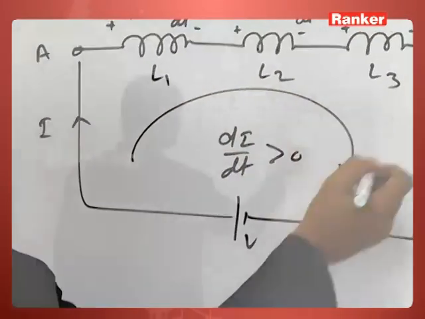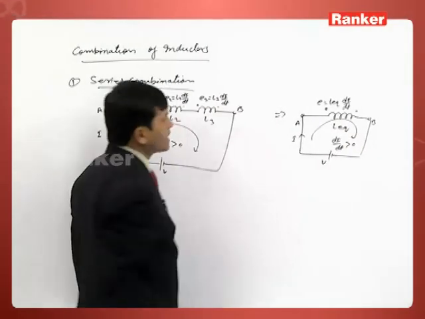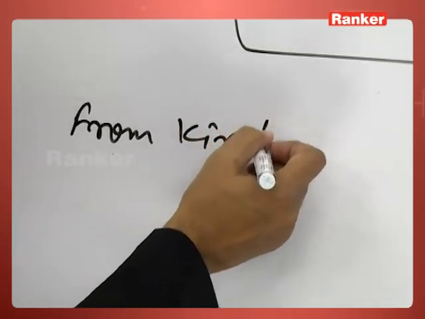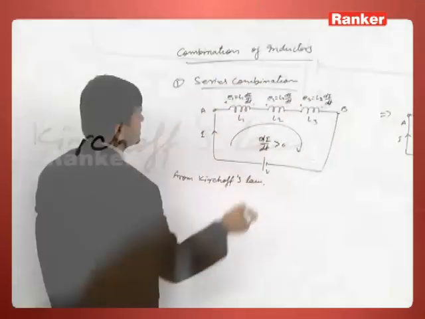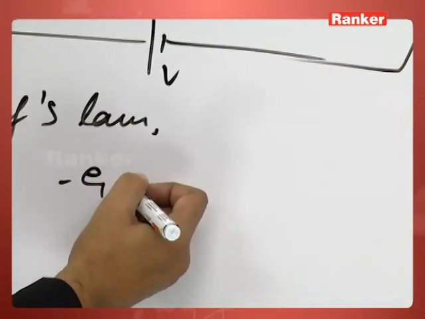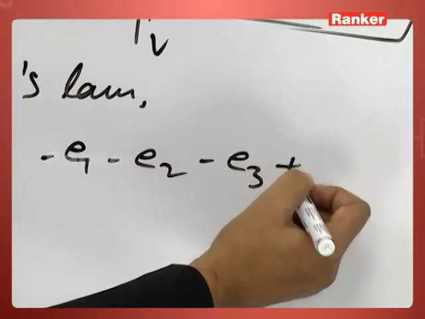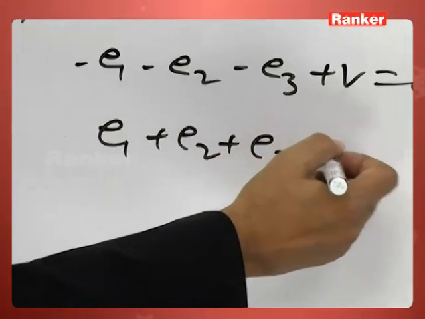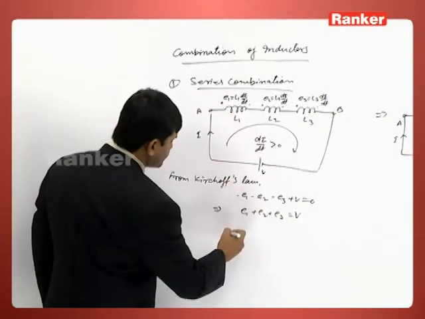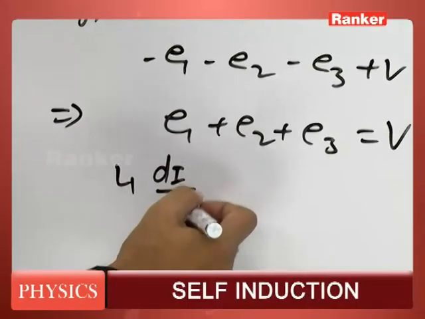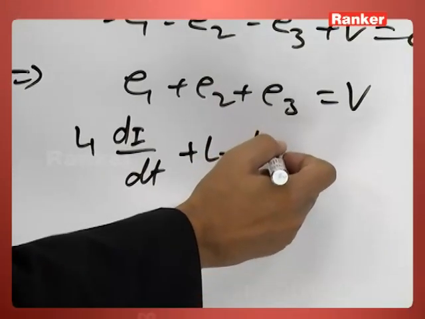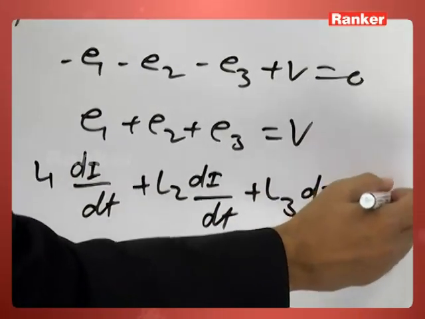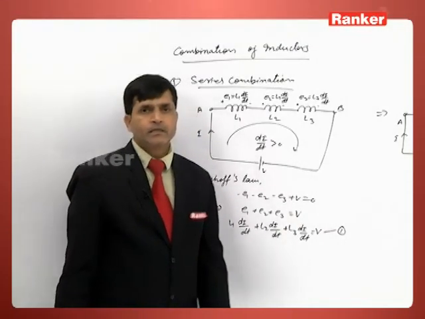Now we can apply Kirchhoff's law here like this. From Kirchhoff's law, minus E1 minus E2 minus E3 plus V is 0, or E1 plus E2 plus E3 is equal to V. Substituting the values of E1, E2, E3: L1 di by dt plus L2 di by dt plus L3 di by dt is equal to V. Let this be equation number 1.